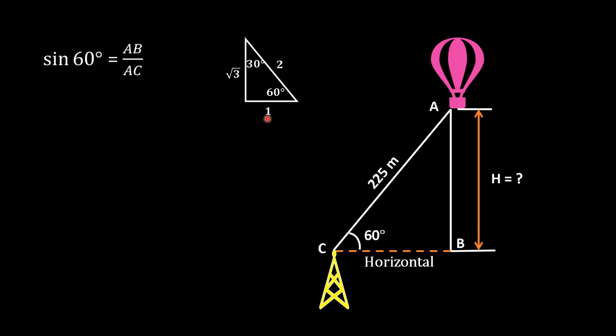In this triangle, sine 60 is root 3 divided by 2, which equals h divided by 225.